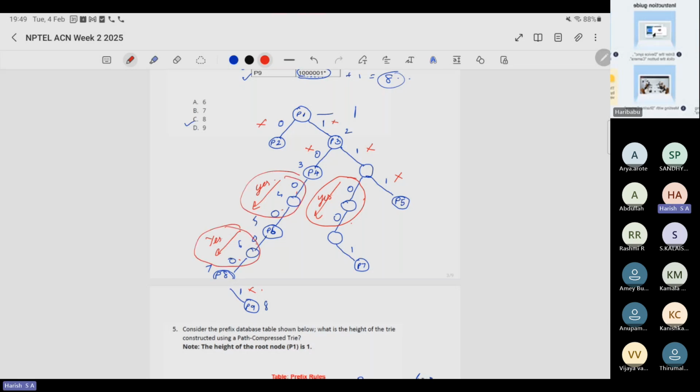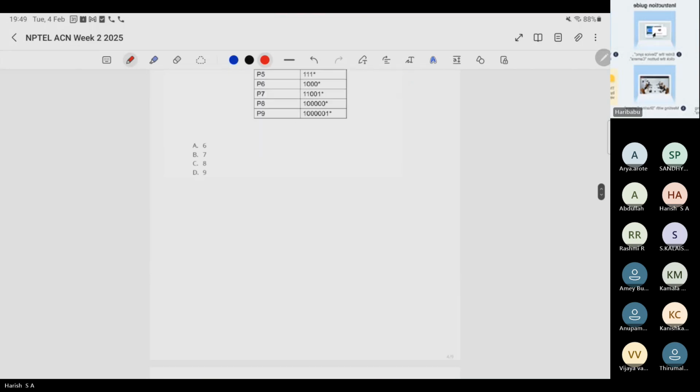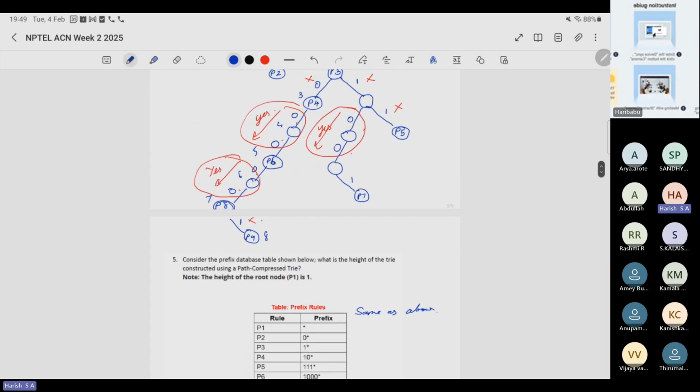So how do we do this? This is how we do it. We abstract this node into this. So basically, this node becomes P8, and this node becomes P6, and this node becomes P7, right?